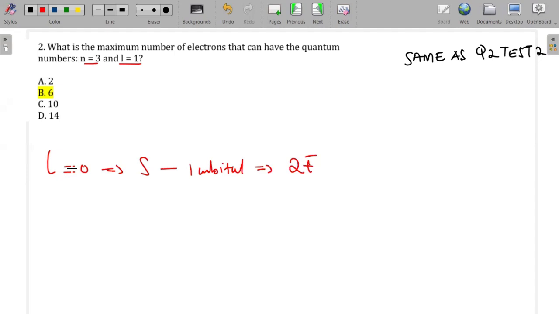L here indicates the angular momentum quantum number. When it is 0, you have the S subshell.